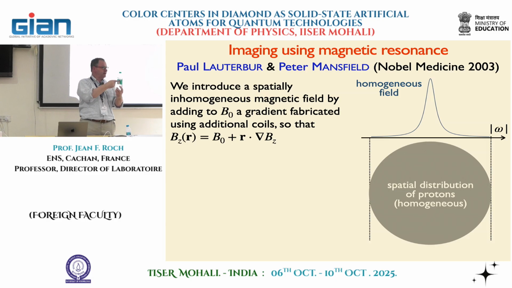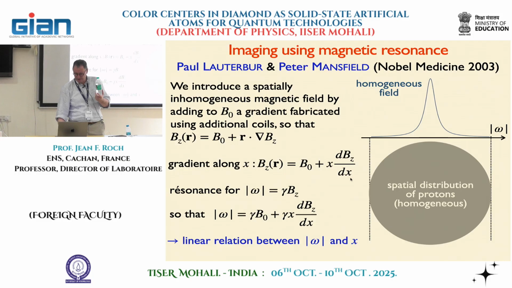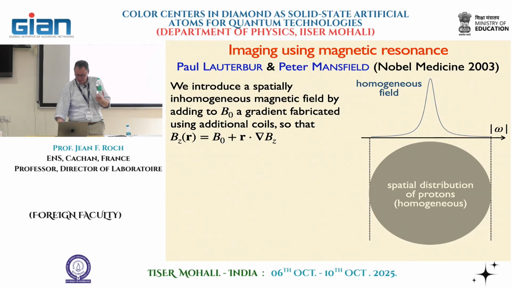If I have a homogeneous magnetic B0 field, all the spins here, provided the point we discussed previously, will produce a given resonance signal at this frequency here. Everyone agrees?